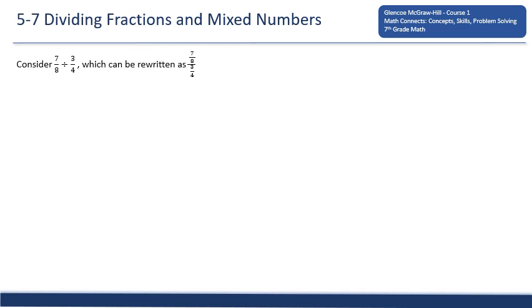That is still 7/8 divided by 3/4 because remember the fraction bar is also division. So multiply the numerator and denominator by the reciprocal of 3/4, which is 4/3. So we have 7/8 times 4/3 over 3/4 times 4/3. In the denominator, 3/4 times its reciprocal of 4/3 equals 1.